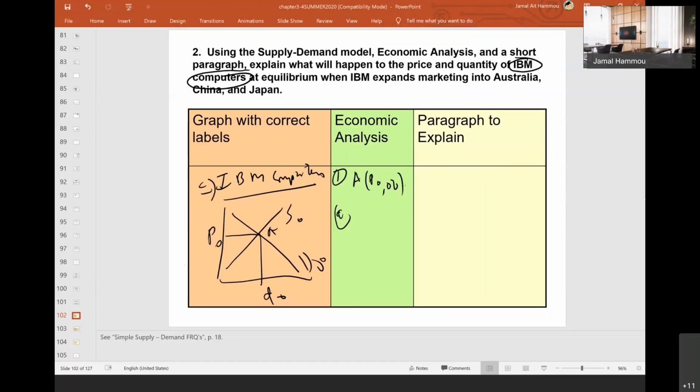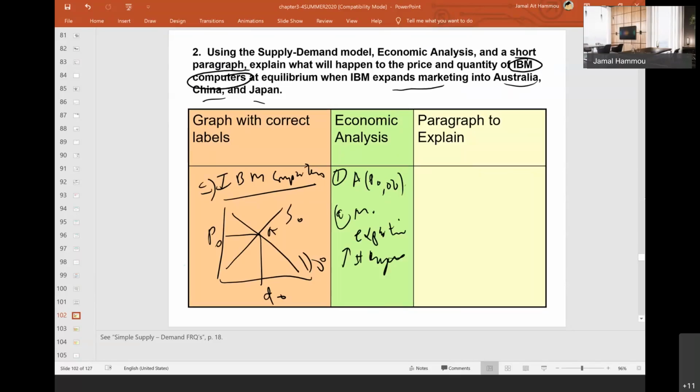So we have the equilibrium, and IBM expands the market into Australia, China, and Japan. You have to know what that means. Market expansion means an increased number of buyers. Does that affect demand or supply?